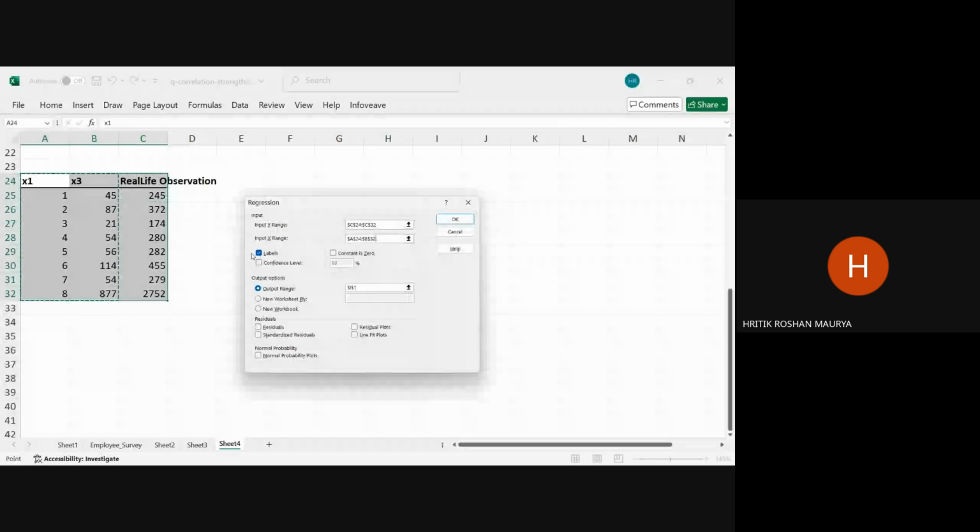And now I will calculate again the same value: x1, x2 has no value, the x3 and this plus intercept value.